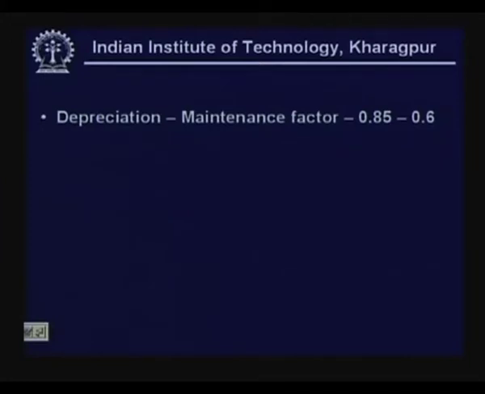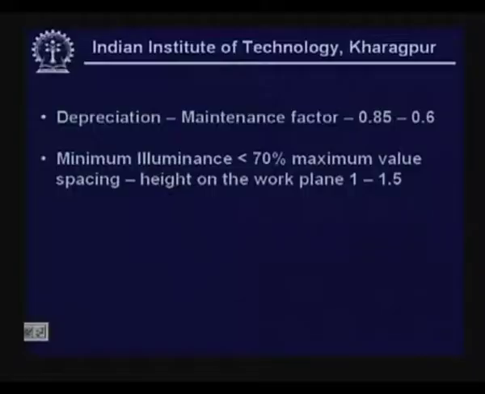Depending on the type of maintenance possible or carried out, if the virgin lamp has a certain light flux radiation capability, it reduces with time, and this, even for the best of lamps, is around 0.85, and can be as low as 0.6. Then the other thing which is often kept in mind is that minimum illuminance should never be less than 70% of the maximum value.